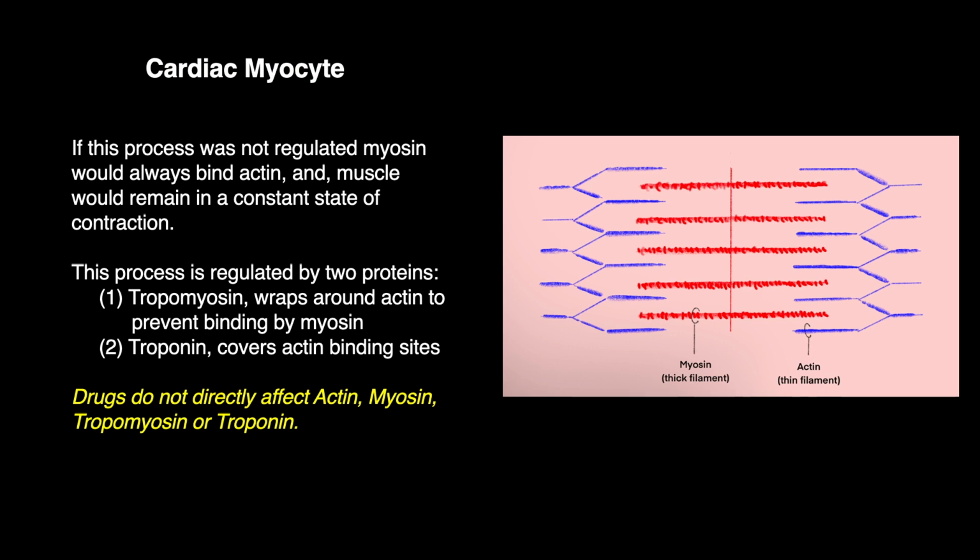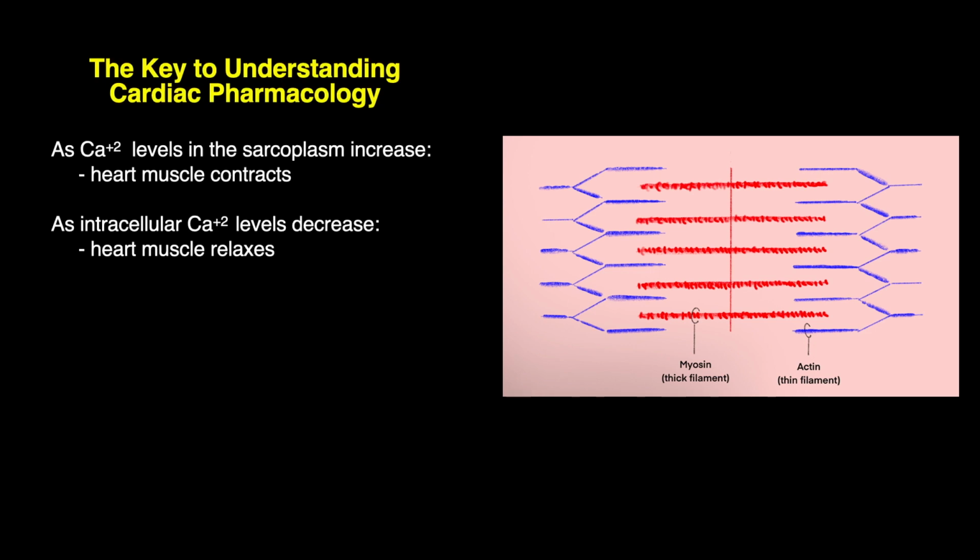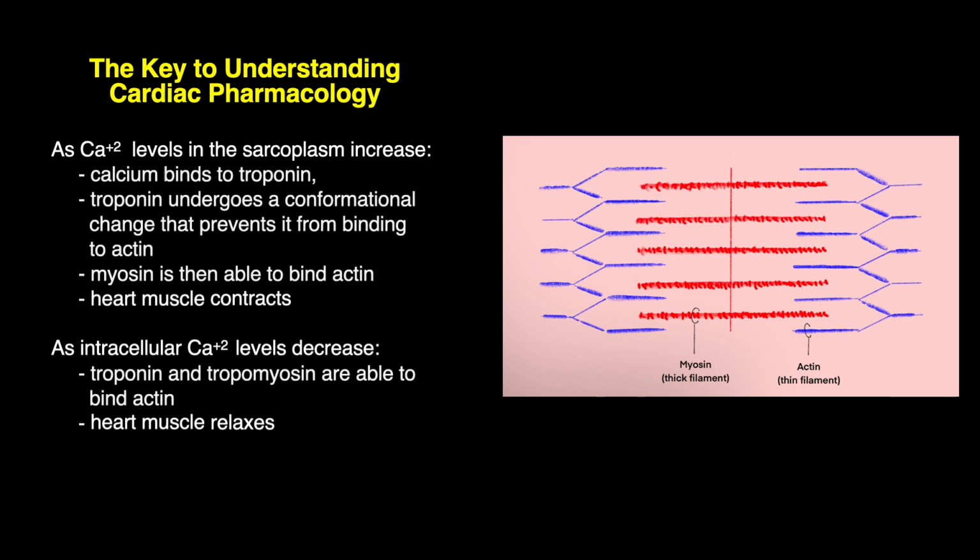Cardiac drugs cannot directly control actin, myosin, tropomyosin, or troponin. To discover how drugs alter the physiology of heart cells, you must examine the chemical element calcium. As intracellular calcium ion levels increase, cardiac muscle contraction occurs, and as these levels fall, cardiac muscle relaxes. The way this happens is that calcium binds to troponin and causes troponin to change its shape.